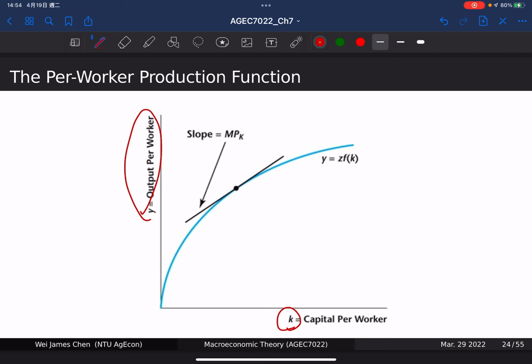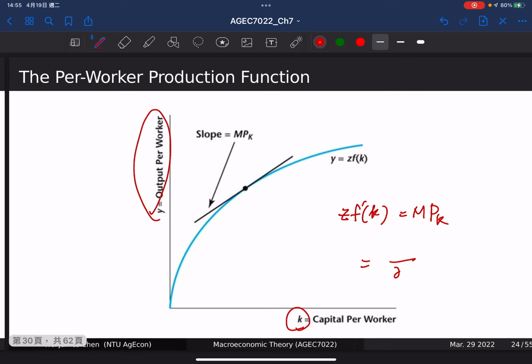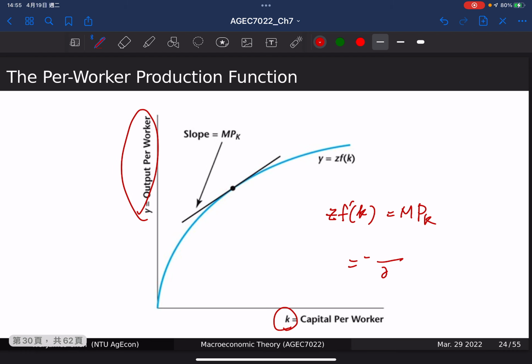And you will notice that the slope, which is z times f prime of k, equals MPK. And what is MPK? Remember, MPK is z times the partial derivative with respect to K of F(K, N).